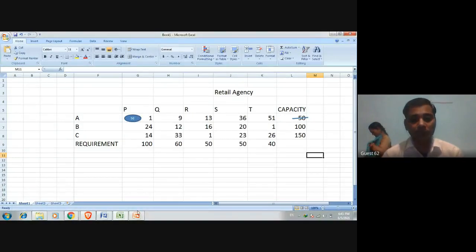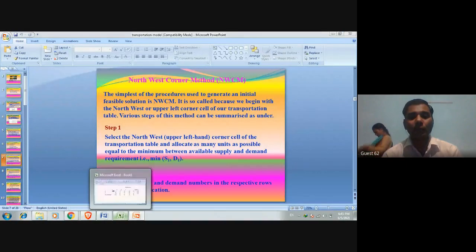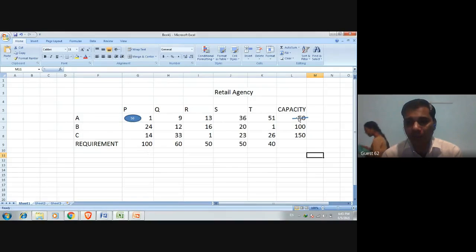Now, according to the second step, adjust the supply and demand numbers in the respective rows and columns after allocation. Now we have to adjust this requirement and capacity. By the adjustment, this 50 units has been finished. And how much requirement is left with retail agency P?